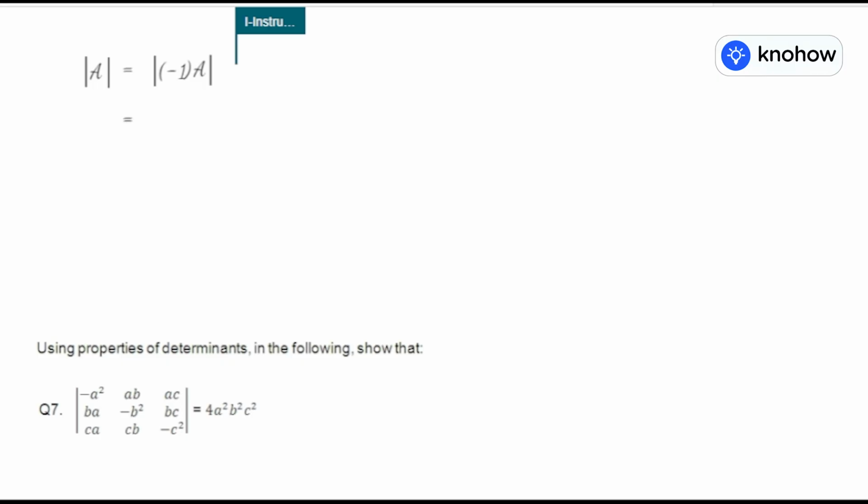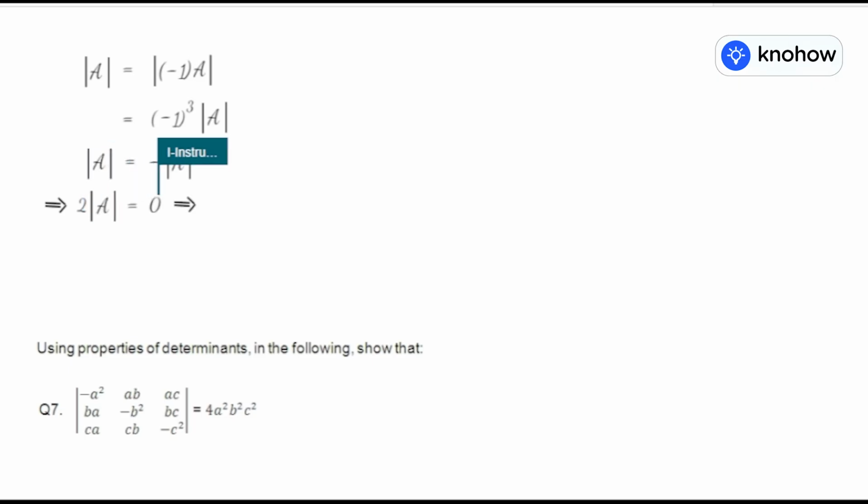So the determinant value will be K cube, meaning minus 1 cube, times determinant A, that is minus determinant A. After all, determinant A is a real number. So if the value of determinant A is negative times determinant A, or in other words 2 times determinant A is 0, clearly the value of determinant A is 0.